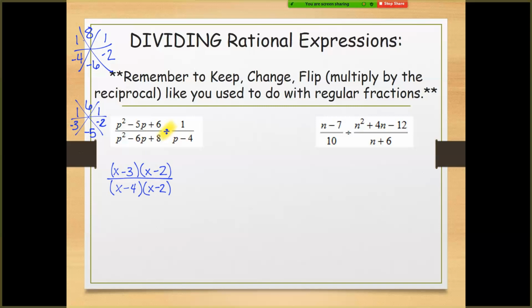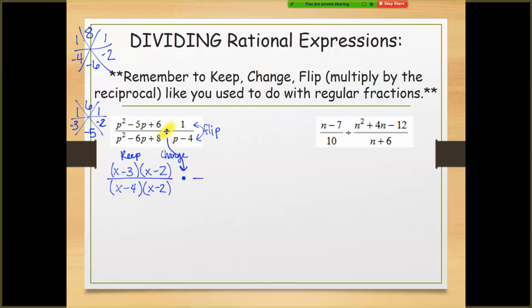The change happens when we bring this down. We do not write it as multiplication. We change it to division. So there's our change. This was our keep. And then we're going to flip. What flip means? We're going to take this fraction and flip it upside down.